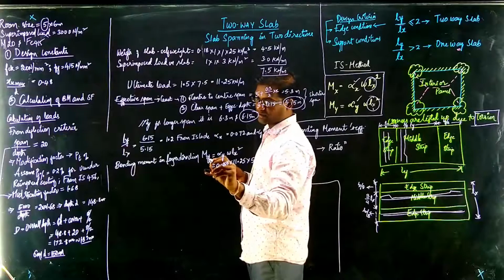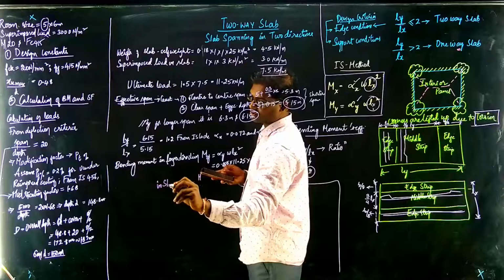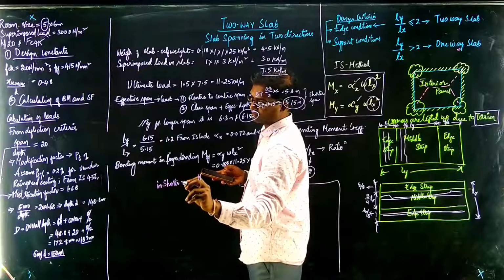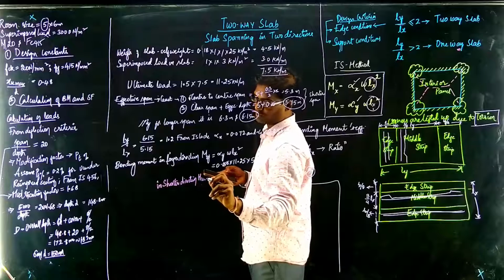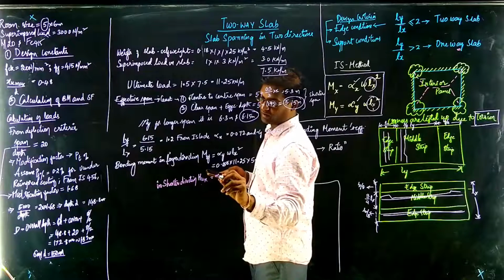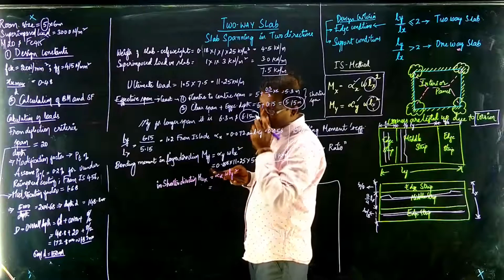This is the ultimate moment. Similarly, in the shorter direction, Mu x is given by alpha x W Lx square.